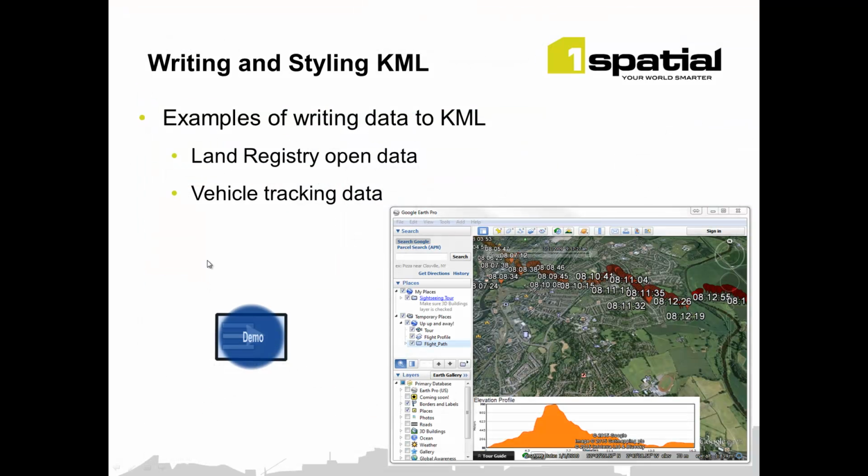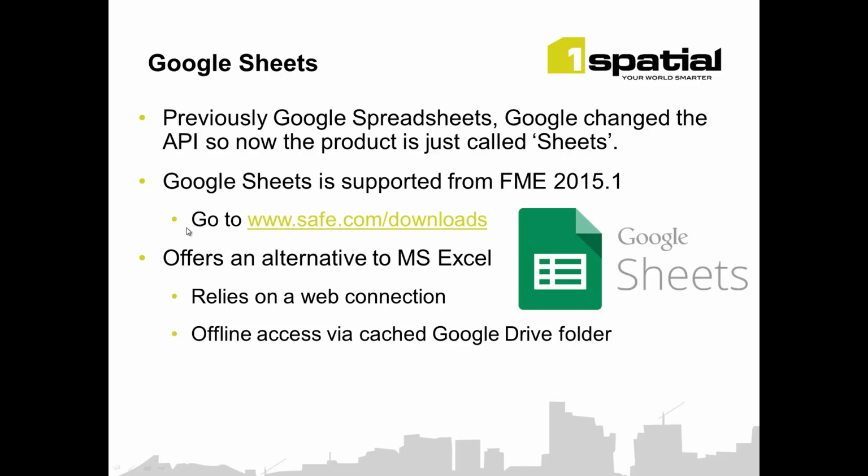So some of the other examples we'll take a look at, moving away from Google Earth now and focusing on more data that perhaps a wider population of people care about, and that's spreadsheets. So we can see that we have access to the Google Sheets format.